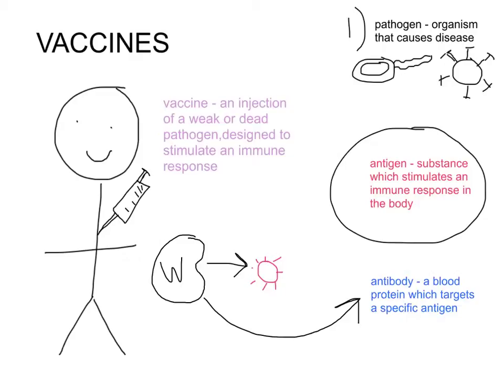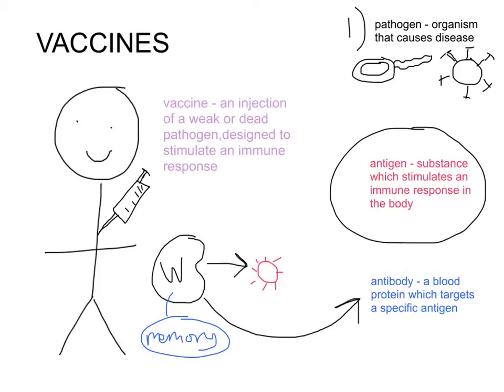Now, once those antibodies have destroyed those antigens, those antibodies for a short period of time will remain in the blood. But something more interesting happens. These white blood cells can form into what we call memory cells.